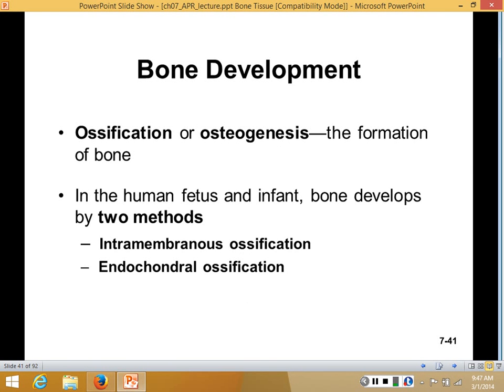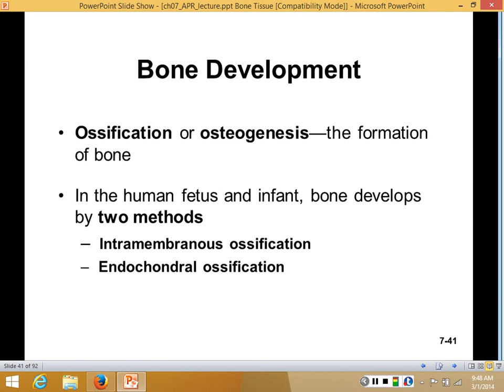Ossification, or osteogenesis, the formation of bone. In the human fetus and infant, bone develops by two methods. Okay, on page 214. There are two methods that bone forms: intramembranous ossification as well as endochondral ossification. I don't talk about intramembranous ossification, but you do need to know what bones were actually formed by intramembranous ossification.